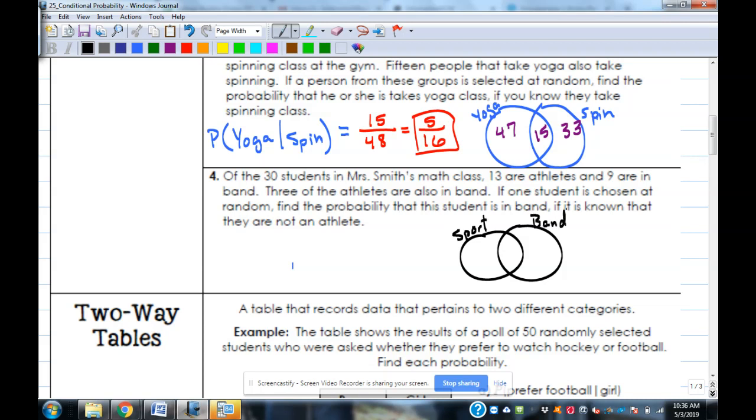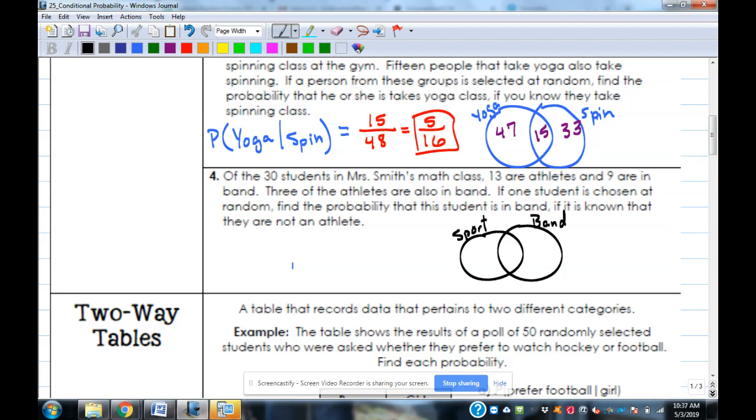All right. 13 are athletes, 9 are in band, 3 of the athletes are also in band. 30 students in the class. Let's try to fill in our Venn diagram here.